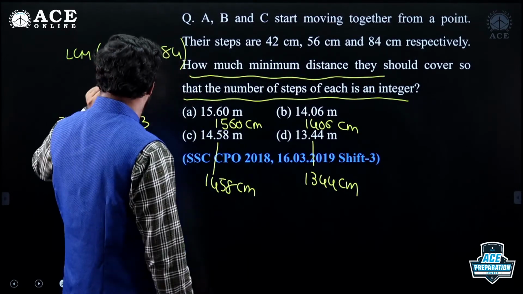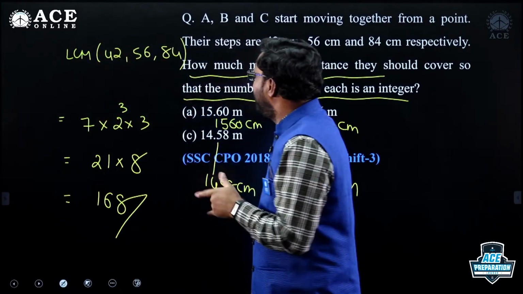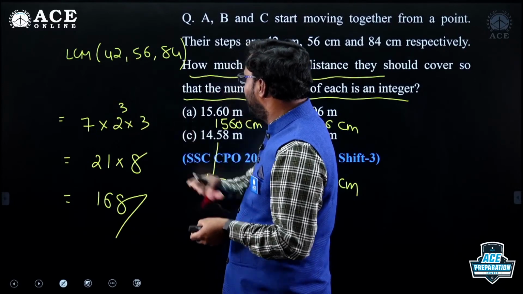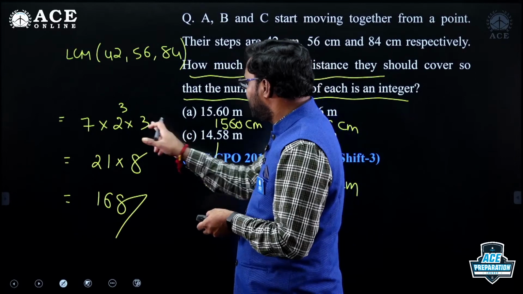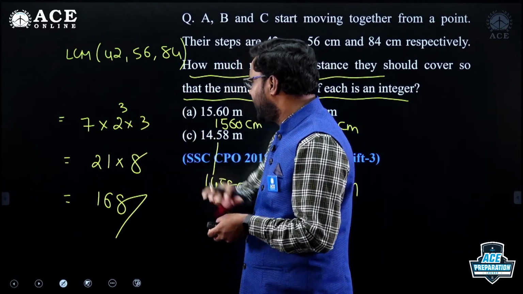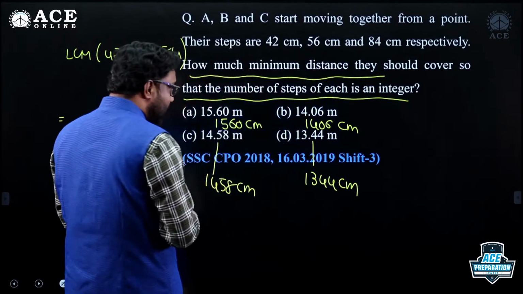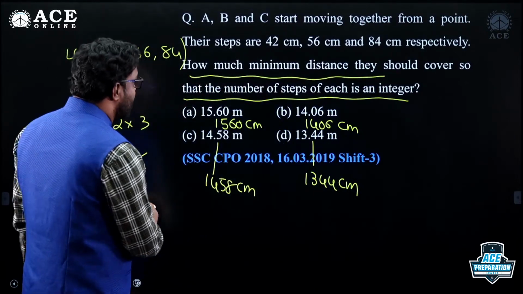So 42 as 7 into 6 as 2 into 3, fine. 56, 7 into 8, 7 already available, no need to take again. 8 is 2 cube, fine. 84 as 21 into 4, 21 means 3 and 7, 4 means 2 square, that's already available internally. So we got 168, this is 168 centimeters.